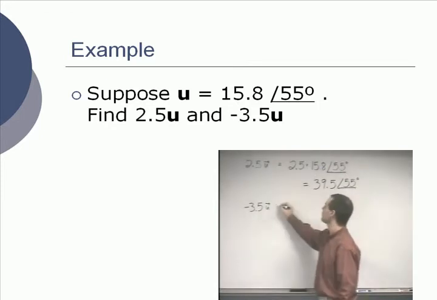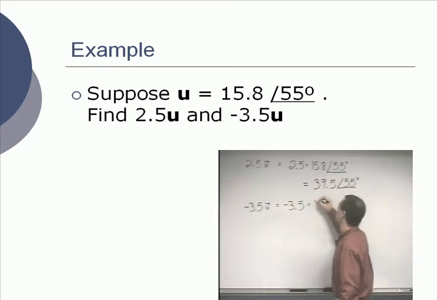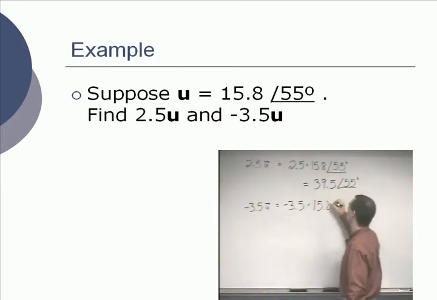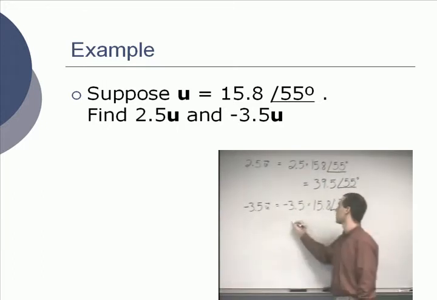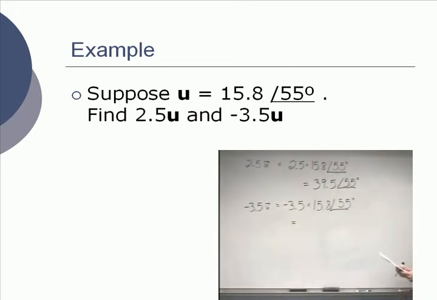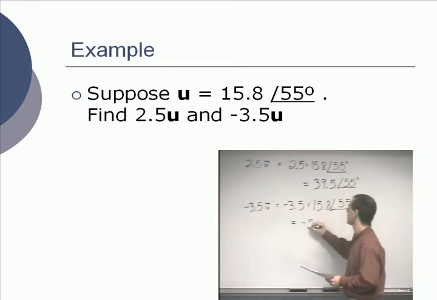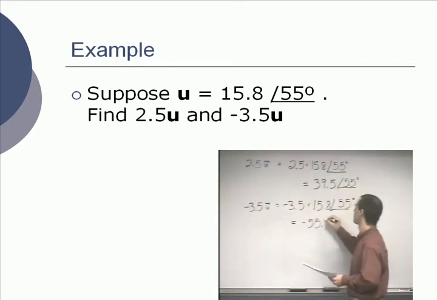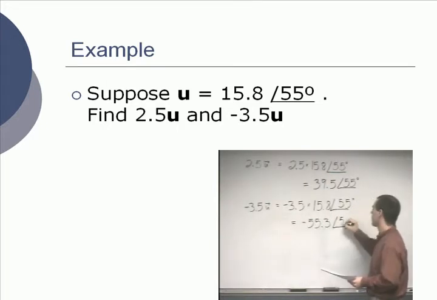Negative 3.5u is going to be negative 3.5 times 15.8 at 55 degrees. Negative 3.5 times 15.8 gives us negative 55.3 at 55 degrees.